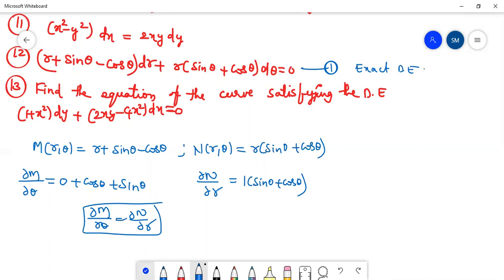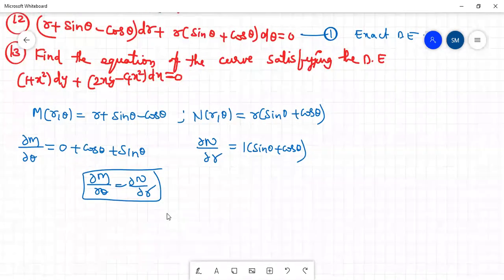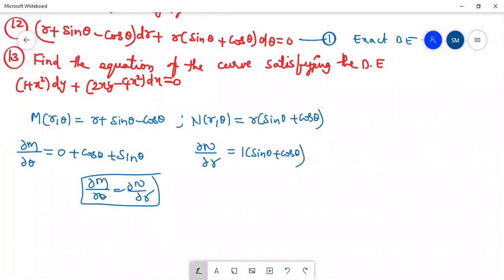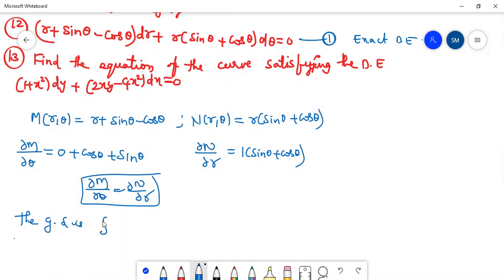And what is the general solution? The general solution is the integral of M dr, treating theta as a constant, of r plus sin theta minus cos theta dr, plus the integral of only the theta terms.